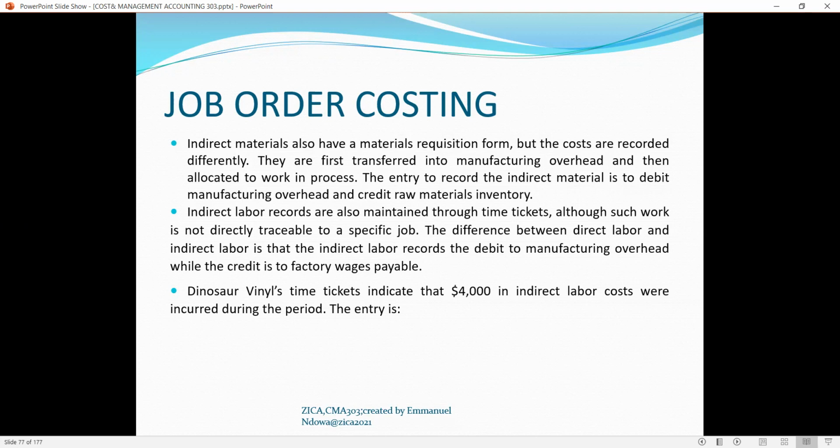The whole production of stationery goods is the one requesting the 4,000 indirect labor from the wages payable. When it is settled into the manufacturing overhead account, it will then be in a position to take the component of the labor that is going to be utilized to produce the 100 mite markers.